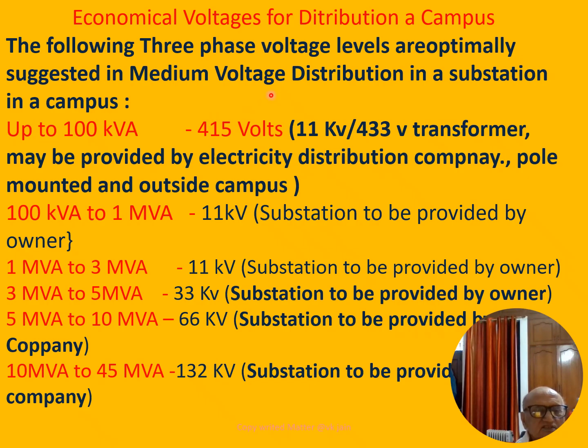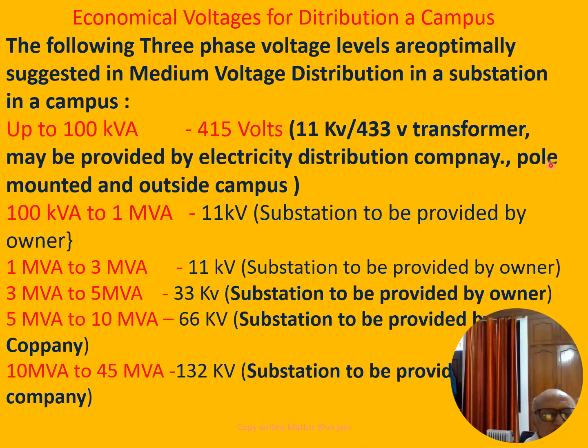The following three-phase voltage levels are optimally suggested in medium voltage distribution in a substation or in a campus. Say if your load is up to 100 kVA, that can be done at 415 V through an 11 kV by 433 volt transformer that may be provided by the electricity distribution company.